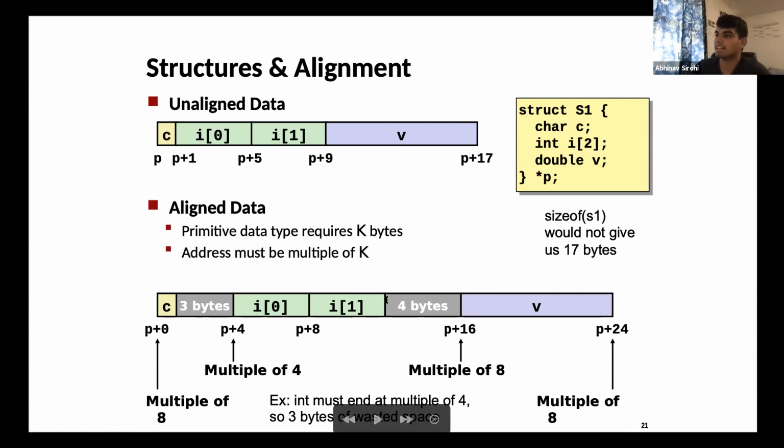But 12 is not a multiple of 8, which means we'll have to start at 16, and we have another 4 bytes of wasted space. And so the actual size of the struct in memory will be 24 bytes, not 17 bytes.